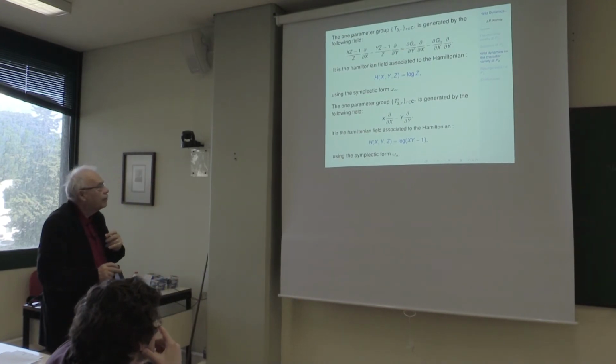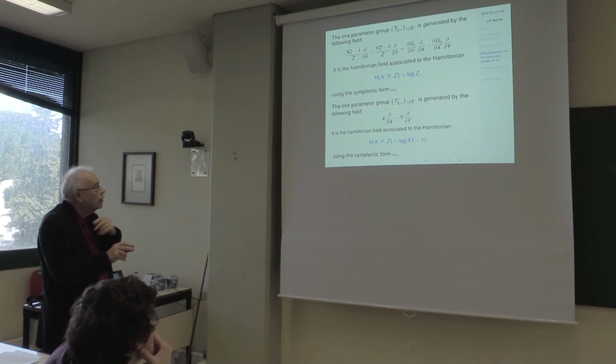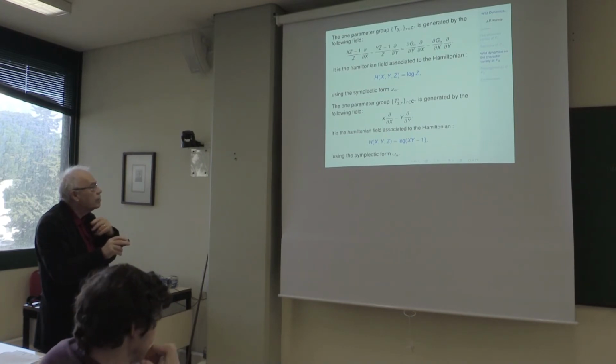And now, I think an important remark is that these parameter groups, in fact, are associated to Hamiltonians. And you have two Hamiltonians. So this is the hexagonal Hamiltonian. You have three Hamiltonians by circular permutations.